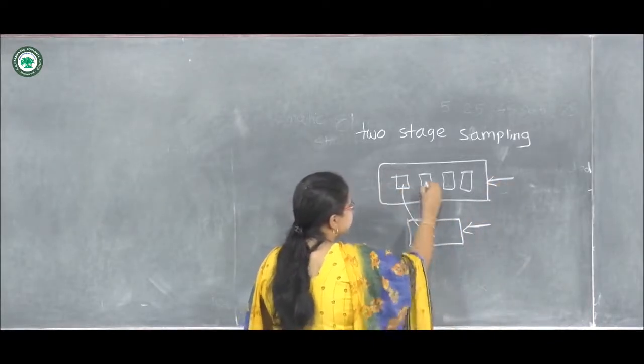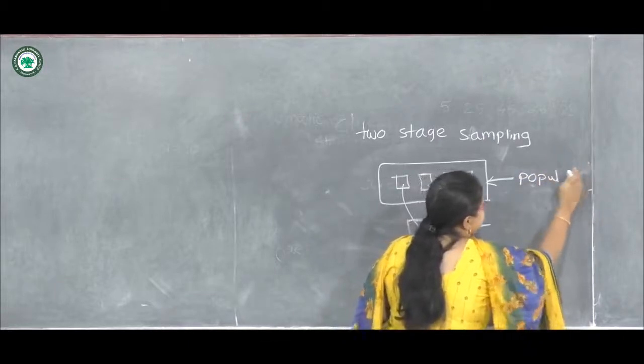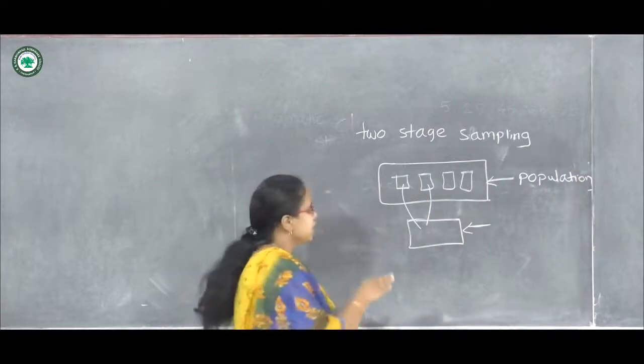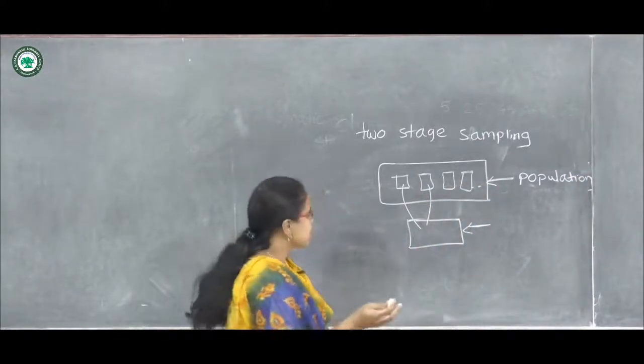These are the units. This is the population. It consists of several clusters. So there are n number of clusters.